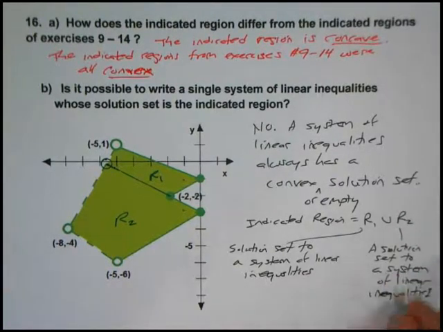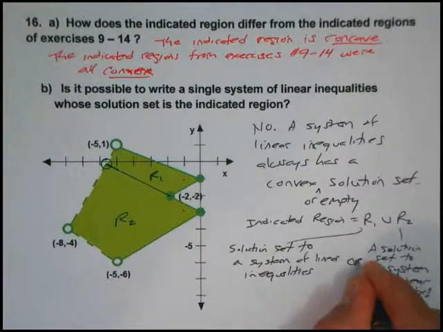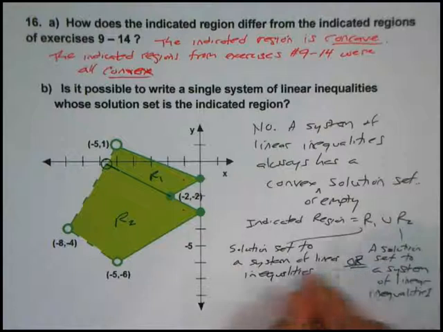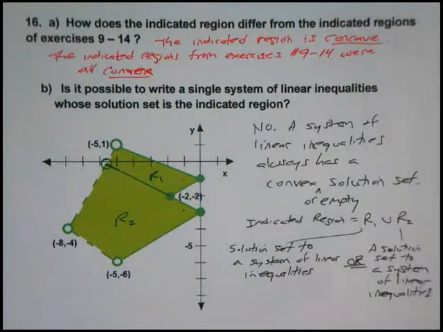So you have these two systems of linear inequalities, then you need to put the word or between these two, and that would at least outline a strategy that you could use to create this kind of region using a union of systems of linear inequalities.